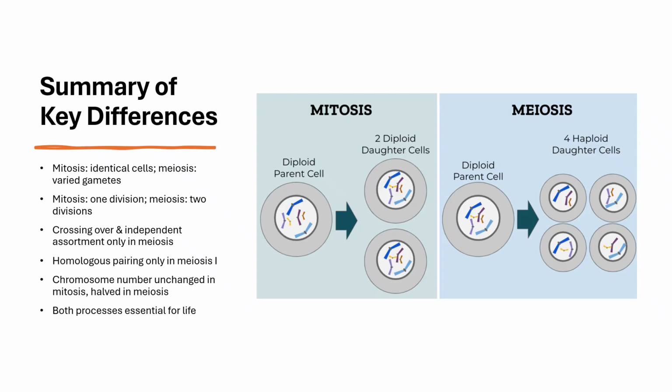Homologous chromosome pairing is a hallmark of meiosis 1 and never occurs in mitosis. Chromosome number remains constant in mitosis, but is reduced in meiosis to ensure proper fertilization. Together, these two processes maintain life's balance between stability and diversity.